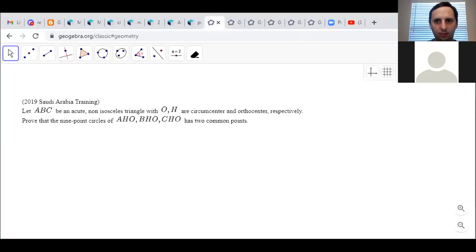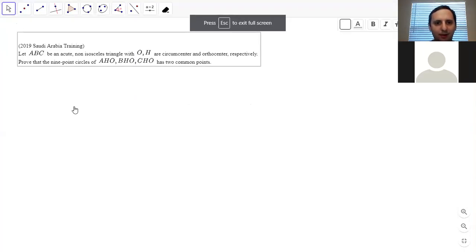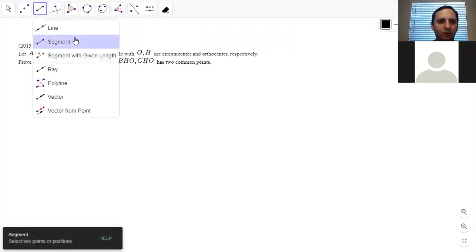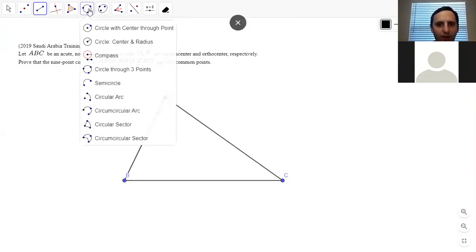So actually, I am gonna start with this problem. So this problem looks really interesting. It has a super simple statement, but I'm not sure how easy it really is. So we have a triangle ABC, and O is the circumcenter.